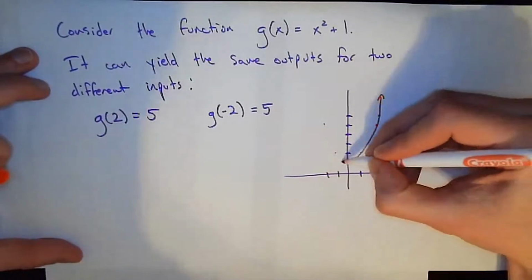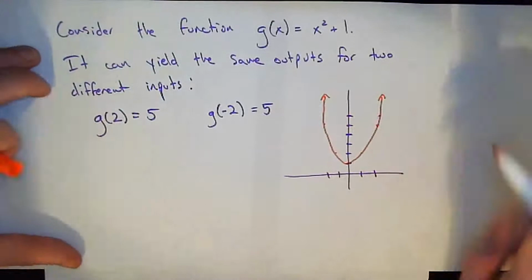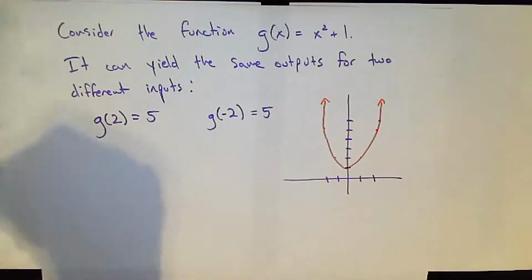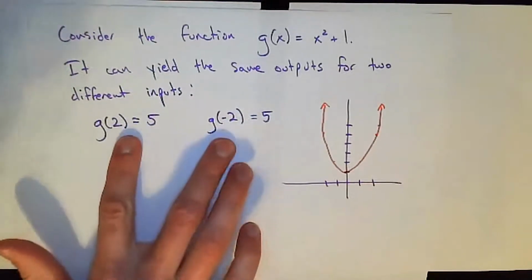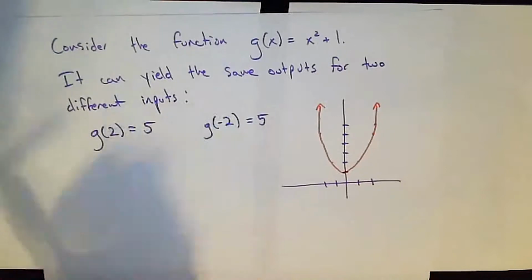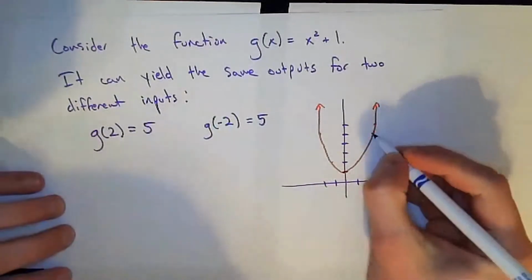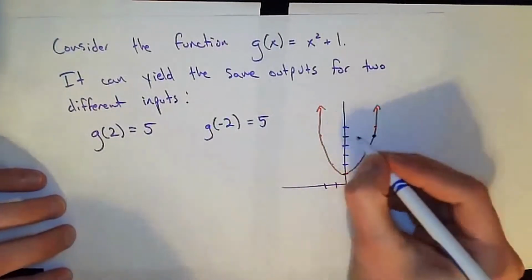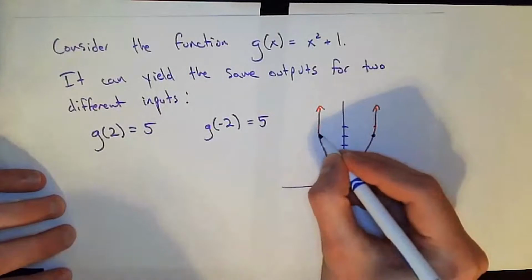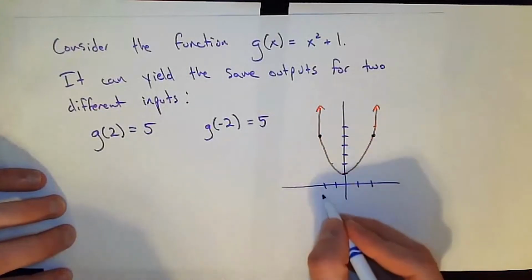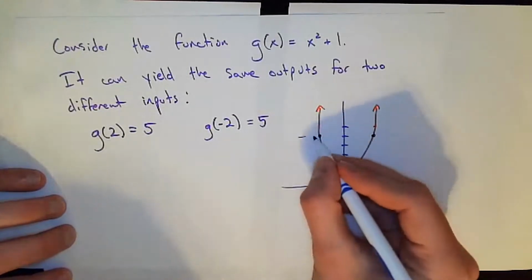So here's my parabola. If I draw this relationship that I wrote down, where's g of 2? G of 2 is right here. Input of 2, output of 5. Input of -2 over here on the x-axis, same output of 5.